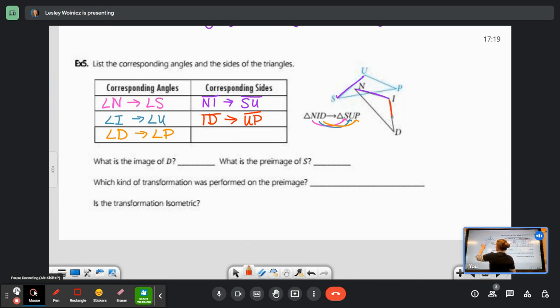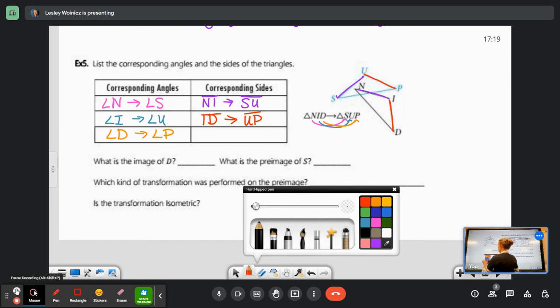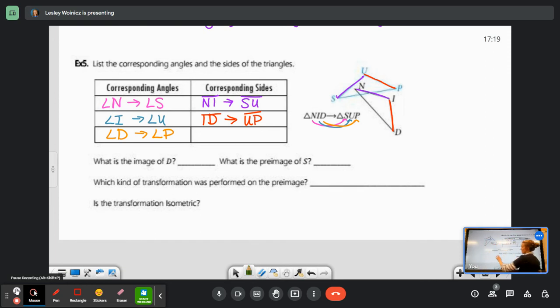So ID is here, it goes there. Then DN maps to segment PS. So you can see that this has been rotated.